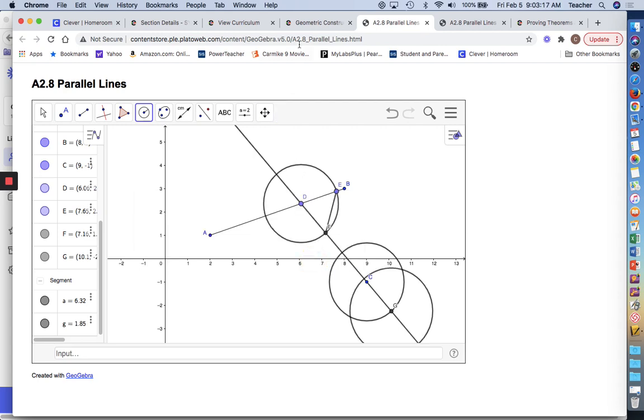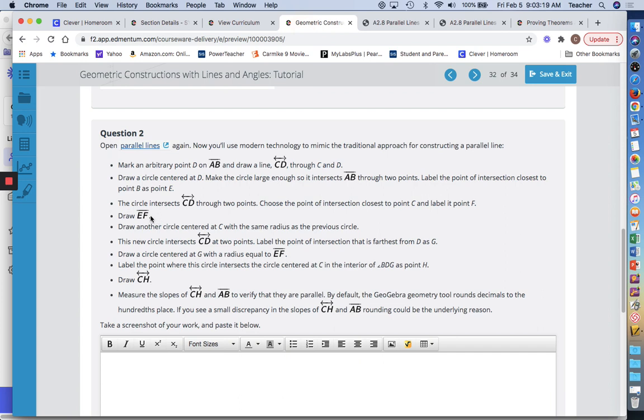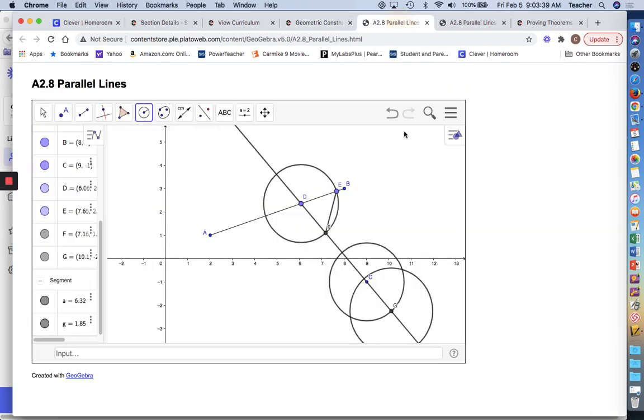All right. Now what? Okay, label the point where the circle intersects the circle centered at C in the interior of angle BDG as point H. Okay, I'm going to have to read this one again. Label the point where this circle intersects the circle centered at C. Okay, so right here's the intersection.